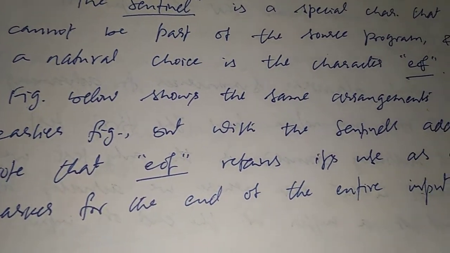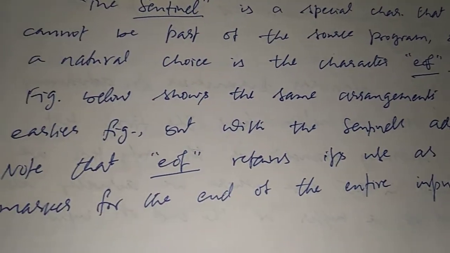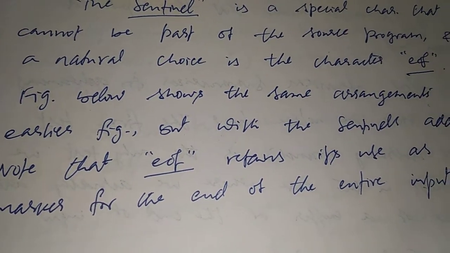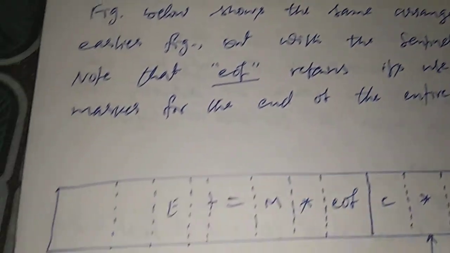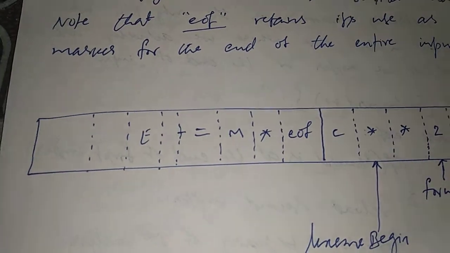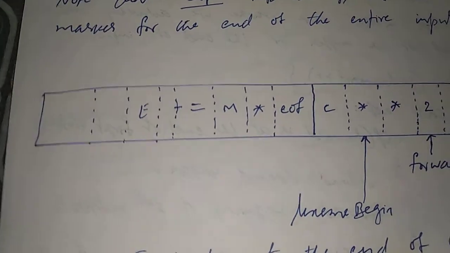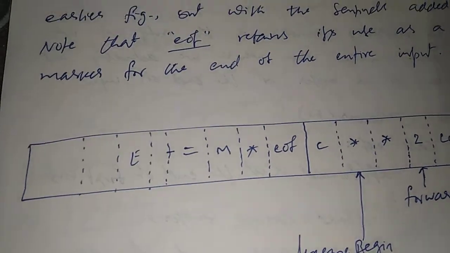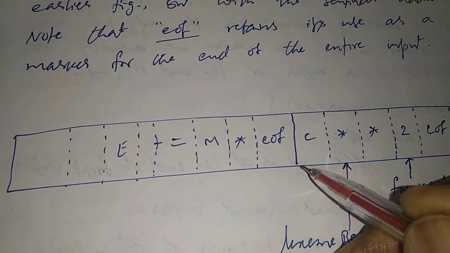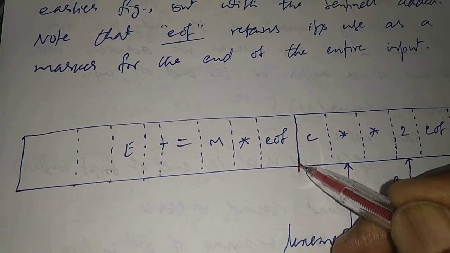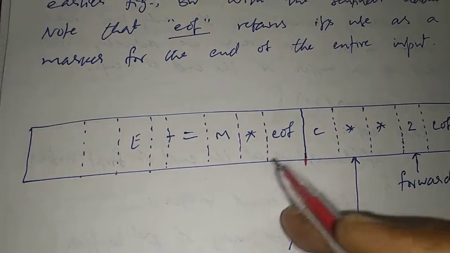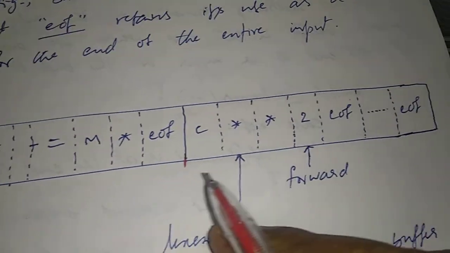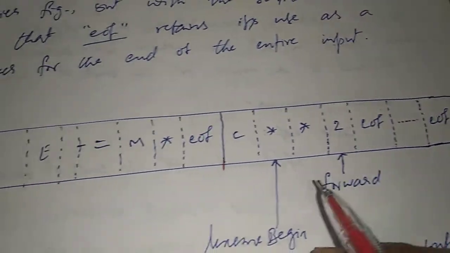Note that EOF retains its use as a marker for the end of the entire input. This shows the two buffers: up to here it is buffer 1, and from here to here is buffer 2.